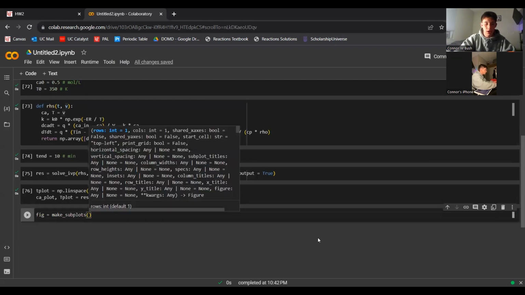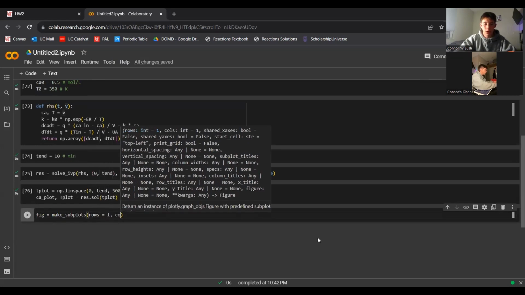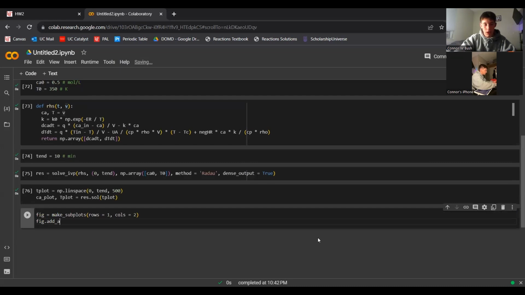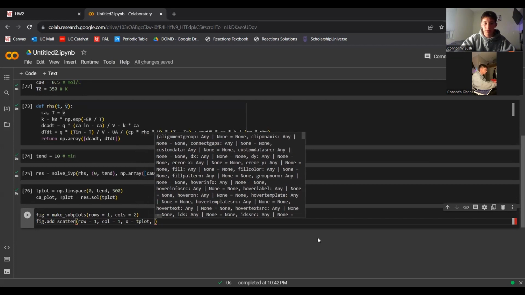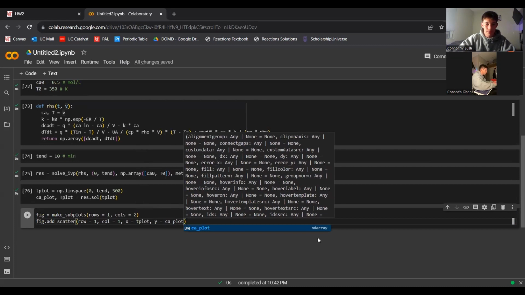We need to do one row with 2 columns. Add our first plot. In the first row, the first column, our x-axis is going to be the time plot, and then our y is going to be the concentration plot.